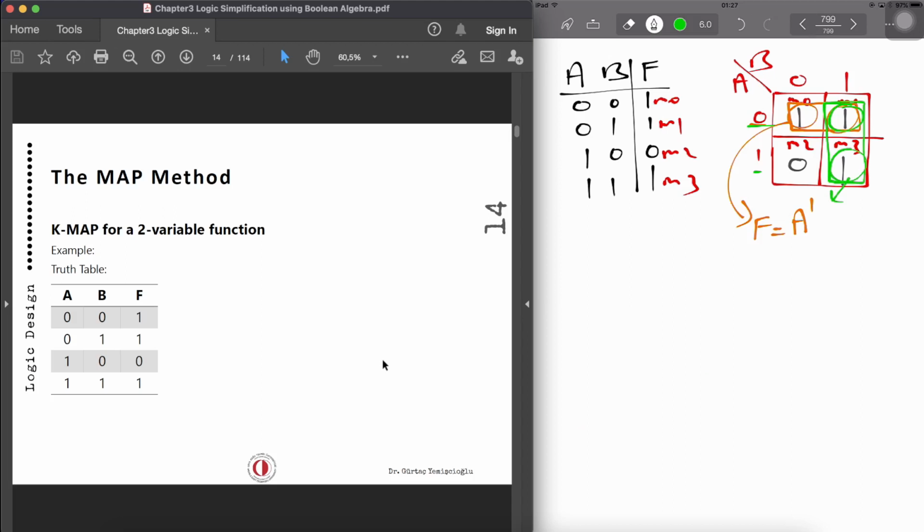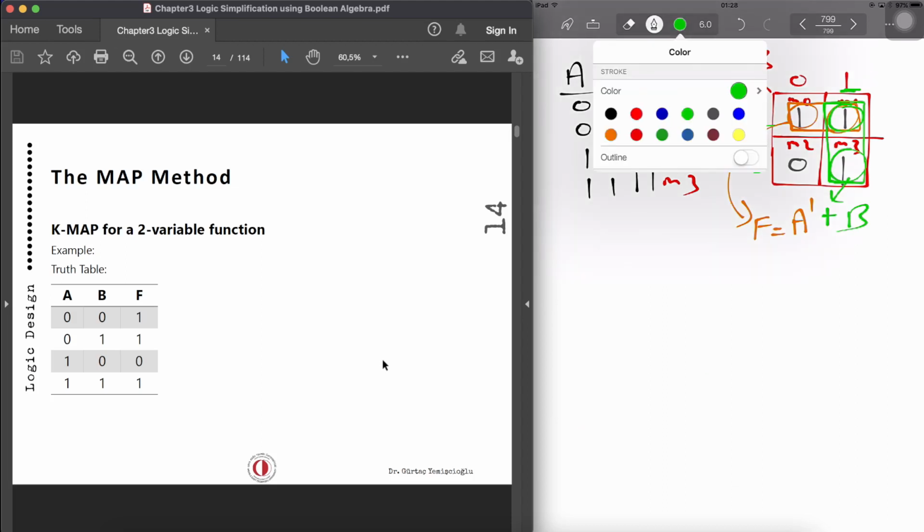But when you look at B, it's always 1. It's not changing. So I can say the first rectangle showed me it's A prime. The second one, I'll say F is going to be 1 when it is B. So A prime or B is the expression.